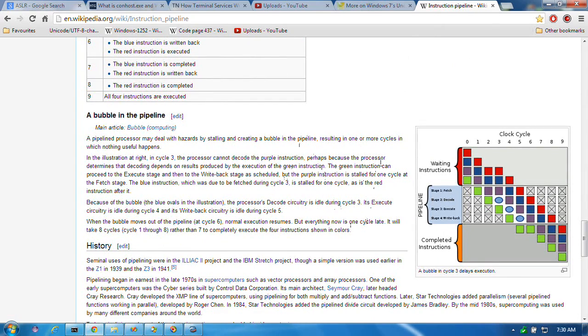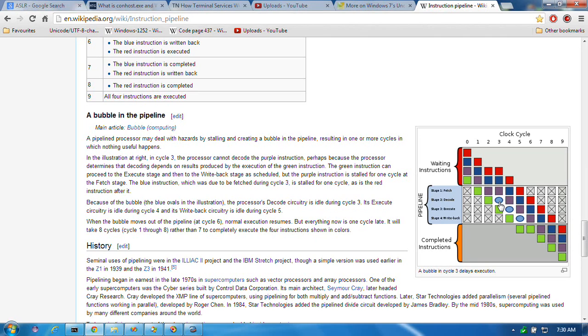Now it goes on to tell you about how sometimes you can get a bubble, like if something has to wait. A wait state is introduced, and that'll slow things down, and that's indicated visually here.